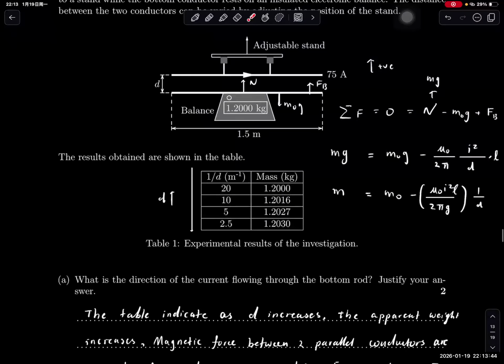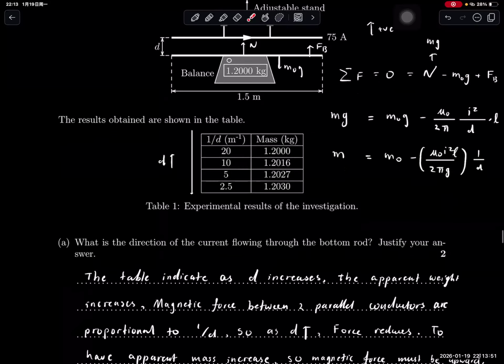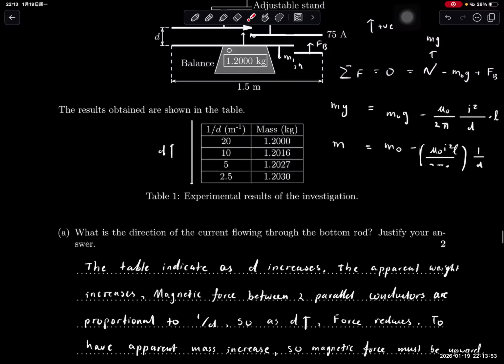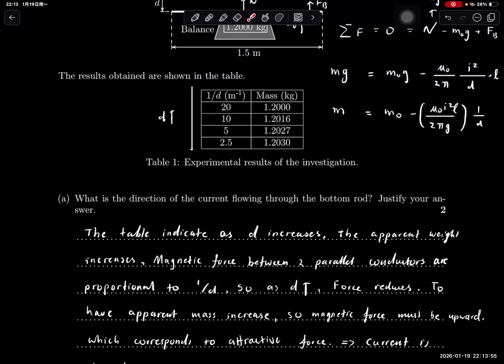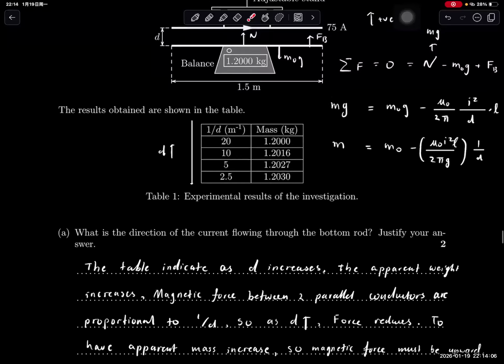Because if you increase your d, that means a smaller magnetic force, if there is any magnetic force, right? So a larger distance is a smaller magnetic force, but the mass increases. This indicates that the magnetic force must be pulling the bottom rod upward.